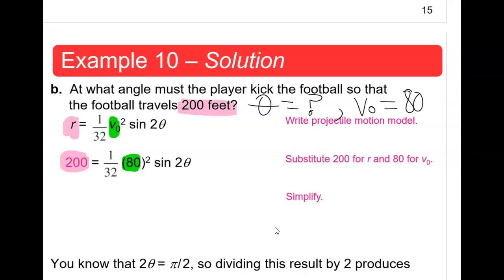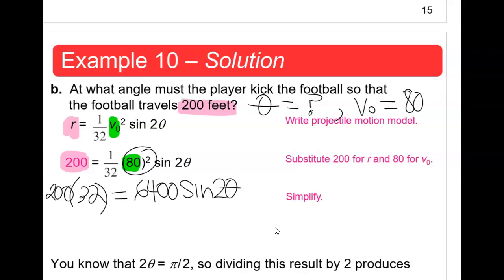So to solve something like this one here, we will have to do some algebra. So let's see. We could start by multiplying 200 times 32, and then that will be equal to the square of this one. So it's like 80 times 80, and that will be 6,400. And that will be times sine of 2 theta.